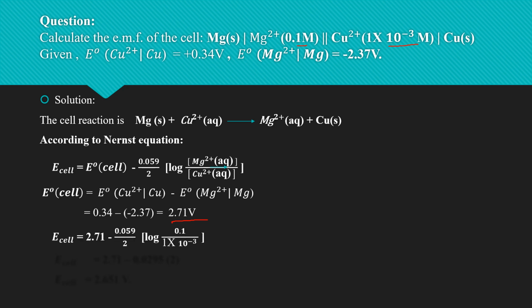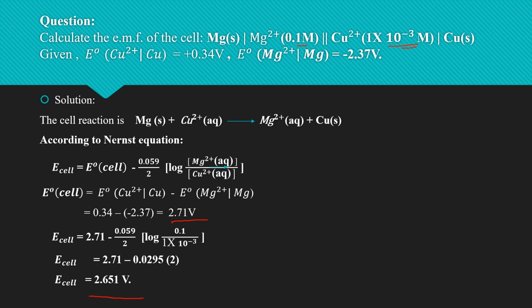On putting the value of E naught of cell and the concentration terms into the Nernst equation, where the concentration of magnesium ion is given as 0.1 molar and the concentration of copper ion is 1 into 10 to the power minus 3 molar, we get E of cell as 2.651 volt.